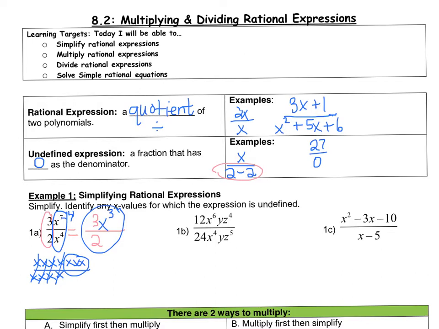Let's do the same thing on B. First, let's simplify the numbers. 12 divided by 24 simplifies to 1 over 2. Next, we'll look at the x's. I have 6 on top and 4 on the bottom, so 6 minus 4 is 2, so it's x squared. Next, we will do the y's.